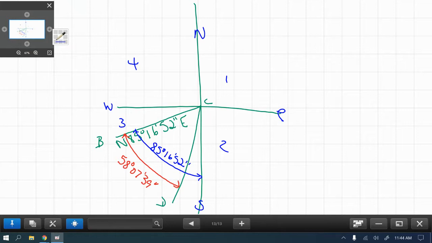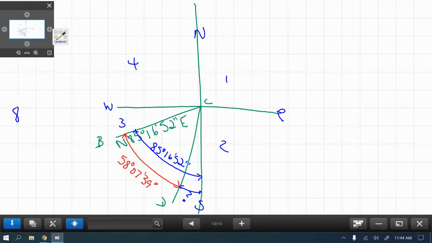What quadrant is C to D in? The one I gave you originally. 3. So that means that should be that 27 degrees, 09 minutes, 13 seconds, if our math is right.